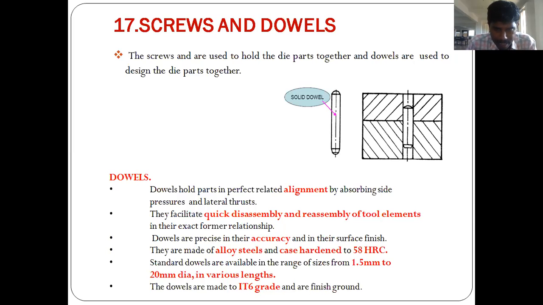They are precise in their accuracies and have a good surface finish. These are made up of alloy steels or case hardened steels of 58 HRC, and they are available in the market in standard sizes. They start from 1.5 mm to 20 mm diameter in various lengths, are made to IT6 grade, and are finish ground.